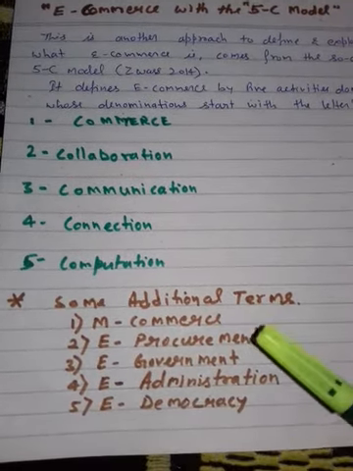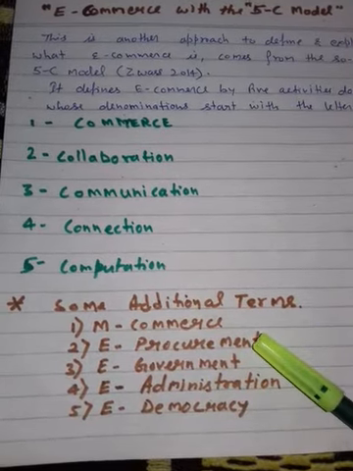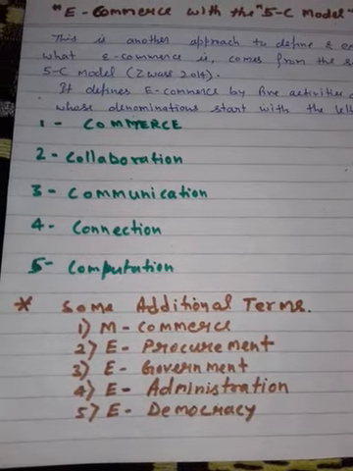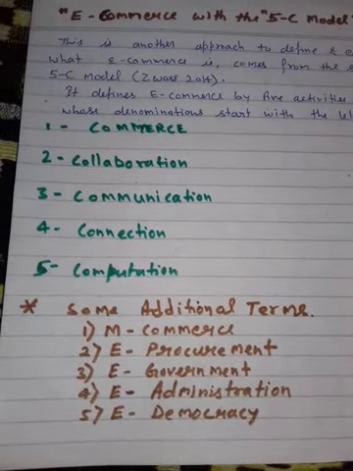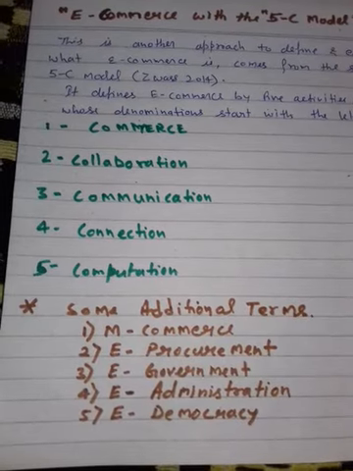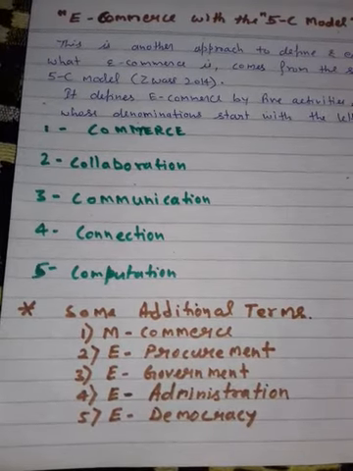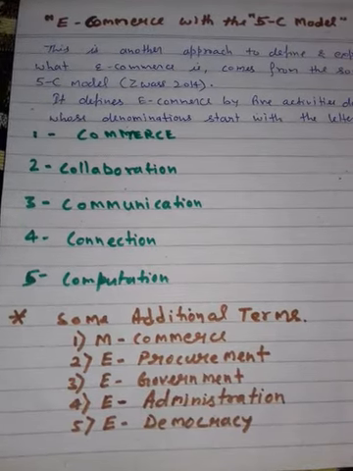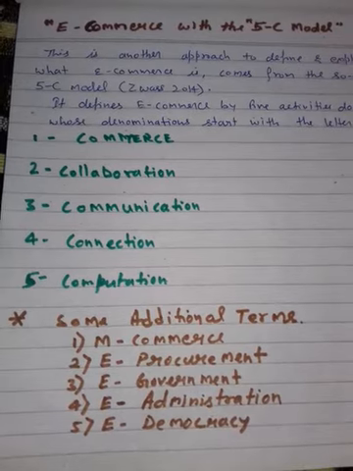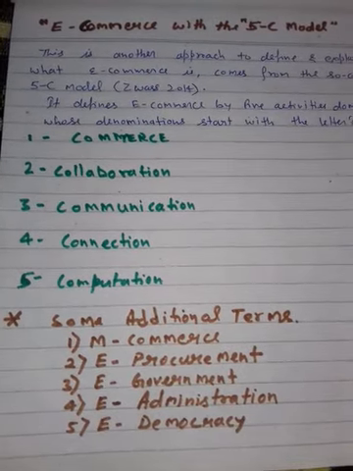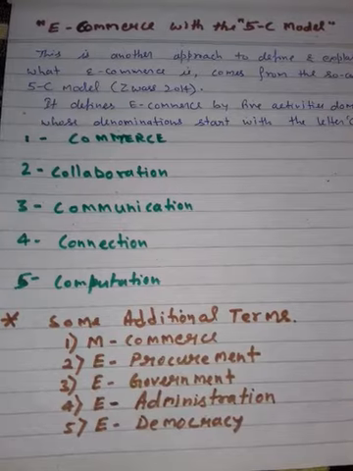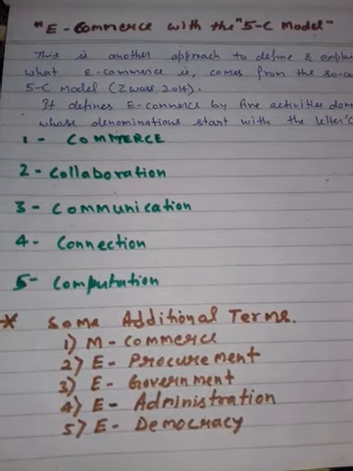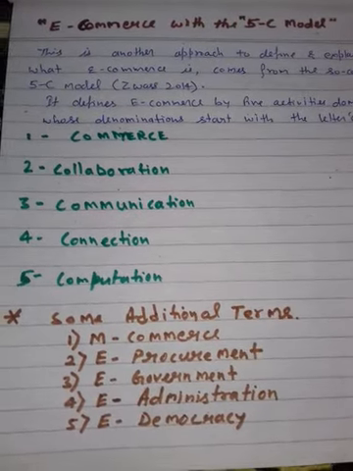The second point is e-procurement, electronic procurement. Generally, e-procurement is the automation of an organization's procurement process using web-based applications, and it enables widely dispersed customers and suppliers to interact and execute purchase transactions.